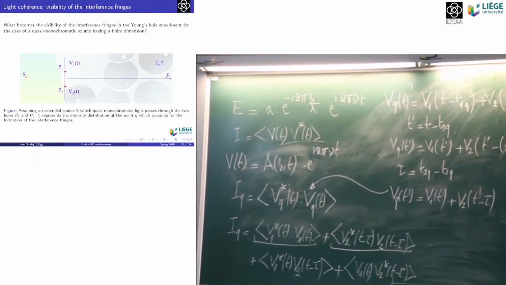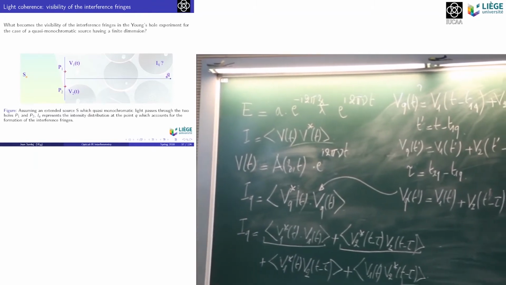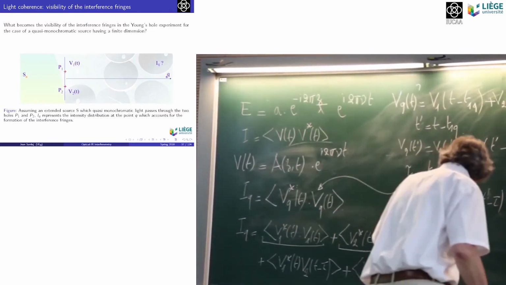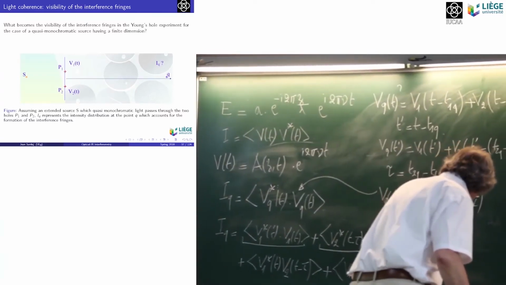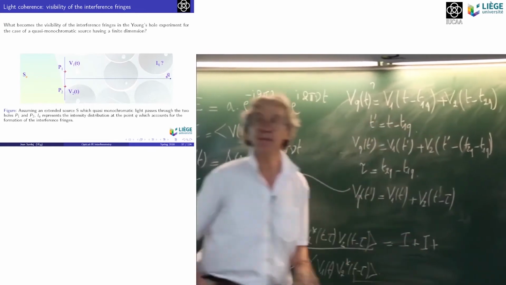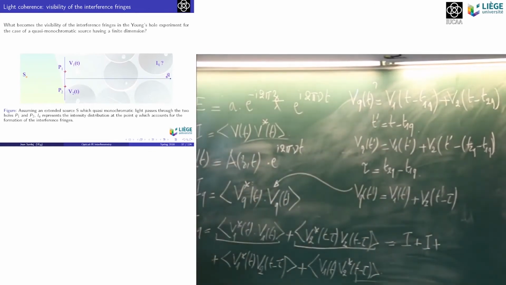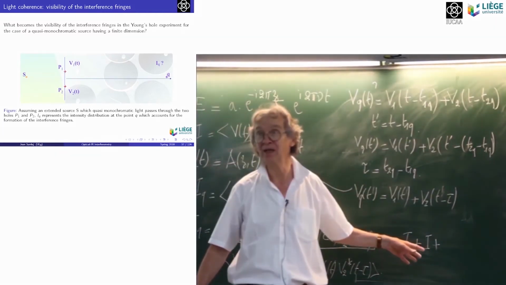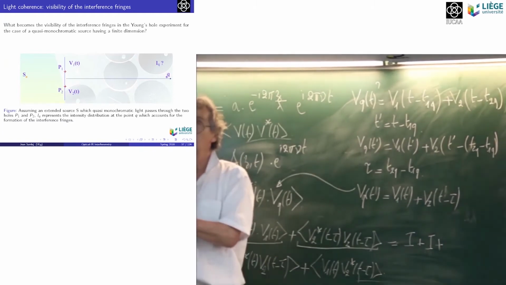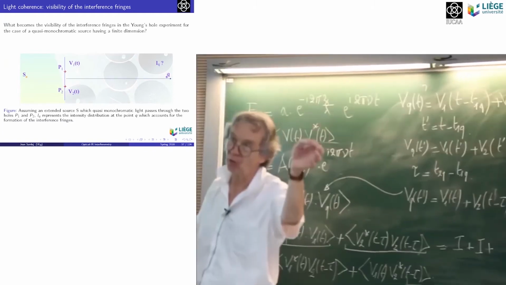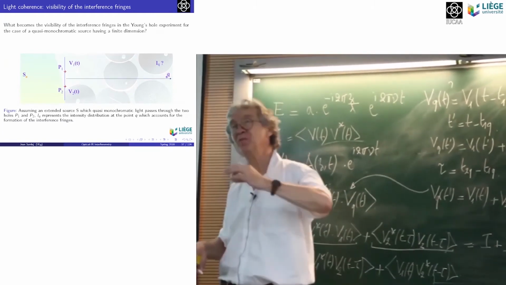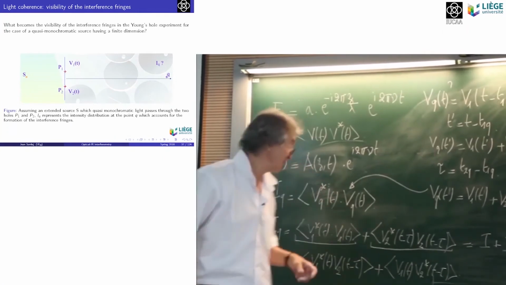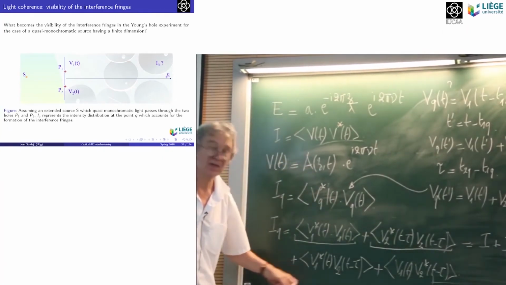But since I consider that my 2 holes are identical, I may rewrite this expression as I plus I, where I is the intensity due to hole 1 plus hole 2. And this is what I would expect if I had no interference of light: that at a given point Q, I'm receiving the contribution of hole 1 and hole 2. But there is interference, and this is where it comes in.